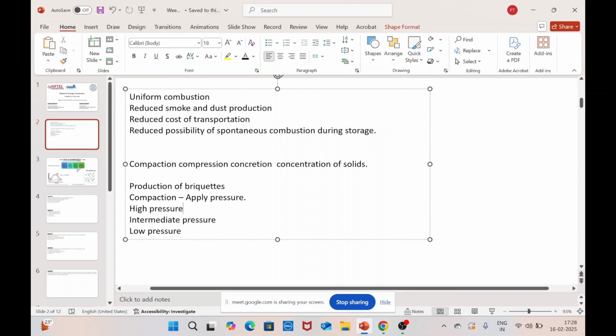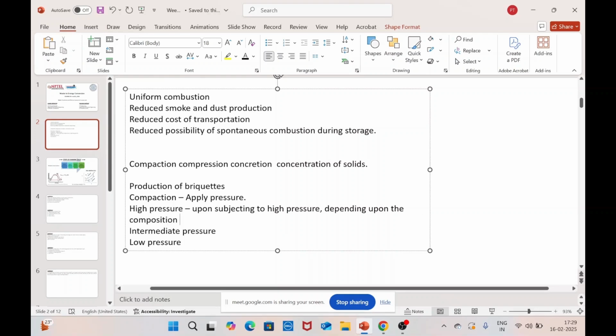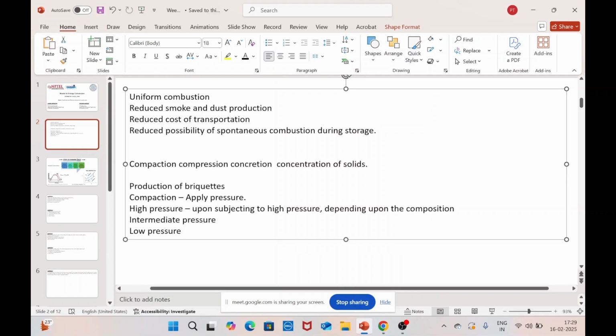Depending upon the composition of the material, since it is subjected to high pressure, it will start giving out the lignin. This lignin will tend to bind the particles together. Some materials might have less lignin, some might have more, so that depends upon the waste material we are taking under consideration.